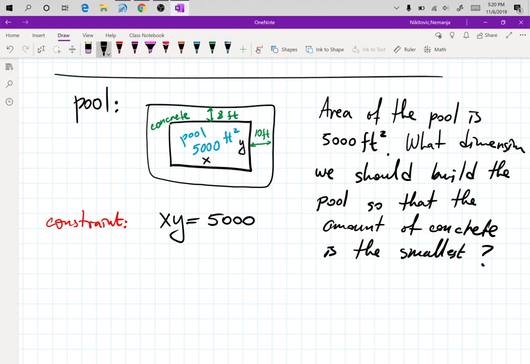Now, my objective is to minimize the overall area, right? So, what's my objective function?